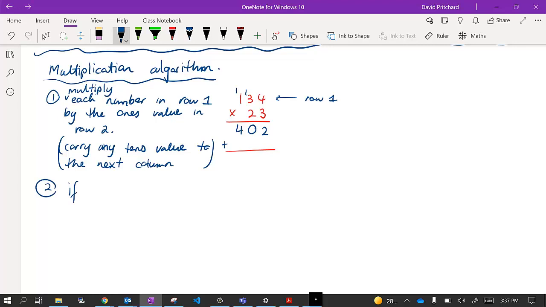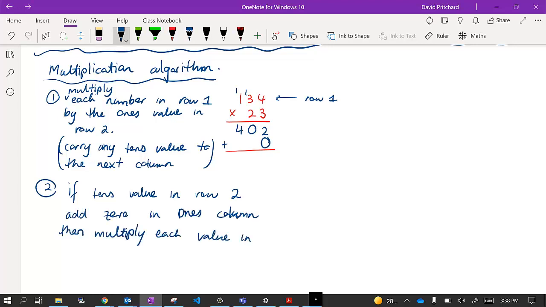Okay, so step 2 is if there is a tens value in row 2, then we add a 0 in the ones column. So we put our 0 here, then multiply each value in row 1 by the value in the tens column of row 2.